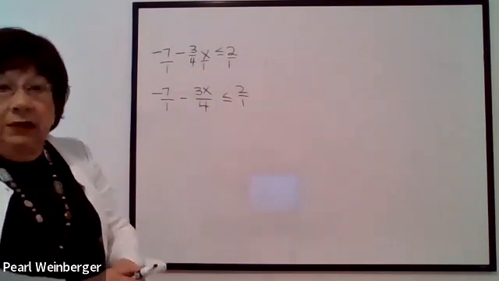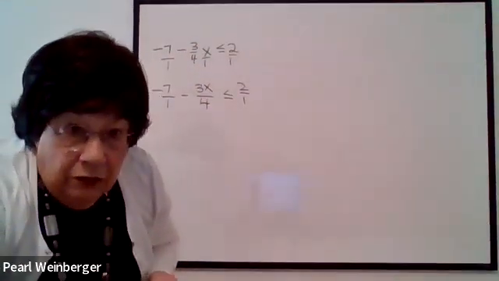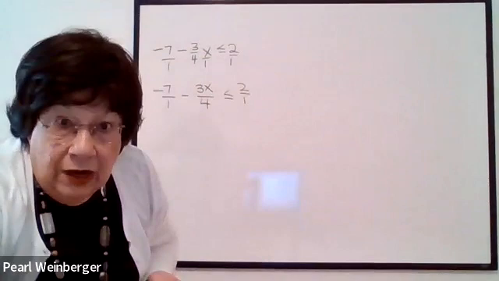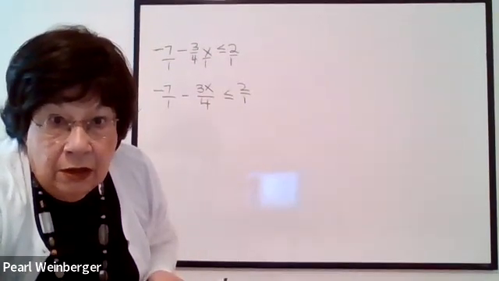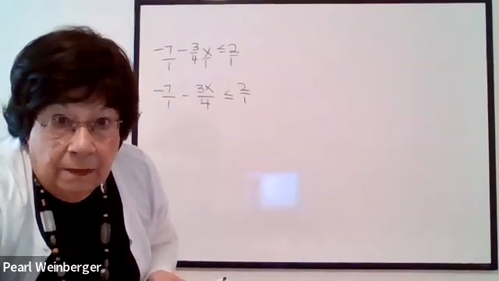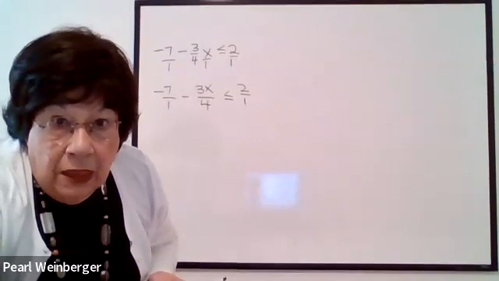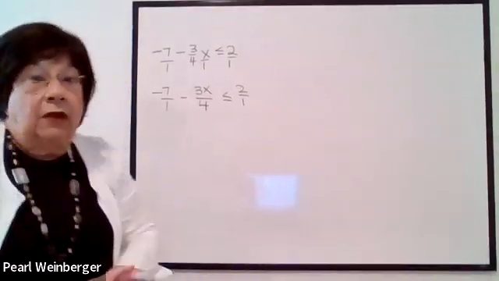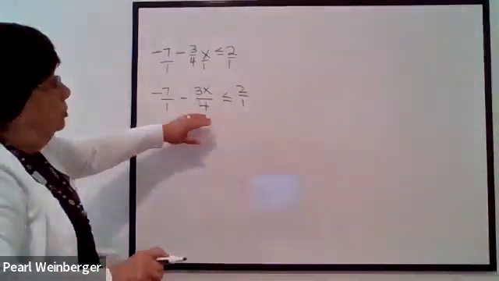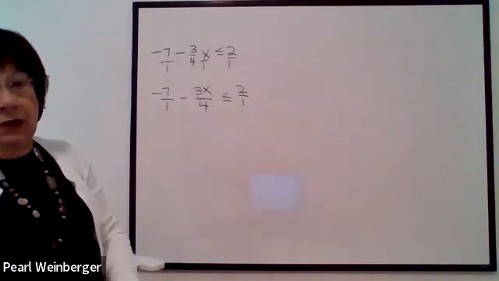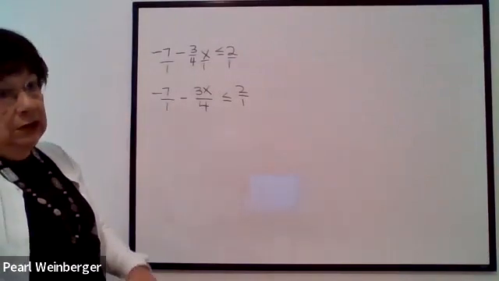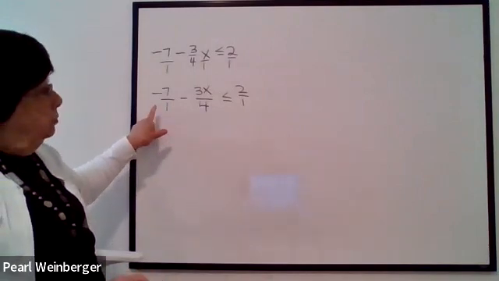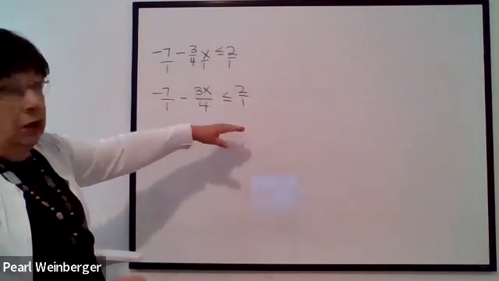Now, if you recall what I said last time, after I have everything as a fraction, I'm going to look for my common denominator. The common denominator here is going to be very easy because the only denominators we have are 1 and 4.